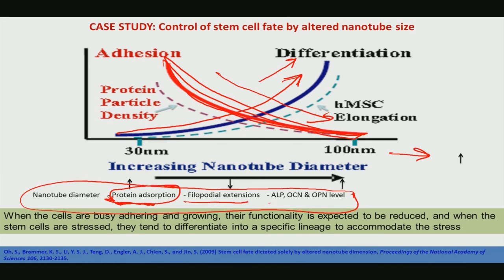After that, during bone cell differentiation, this group led by, I think, Jean, involving Engler, has shown that bone cell specific genes are upregulated, like ALP, alkaline phosphatase, OCN, which stands for osteocalcin, and OPN, which stands for osteopontin. These specific genes are overexpressed and therefore upregulated, which essentially shows you that the differentiation process has taken place.